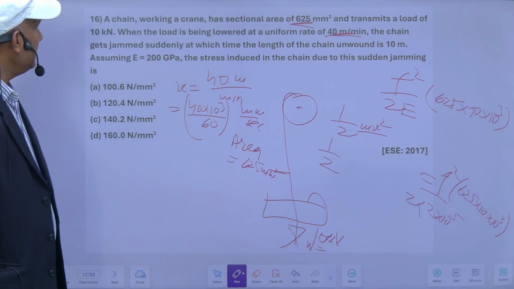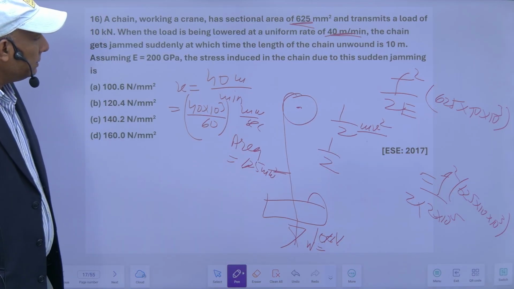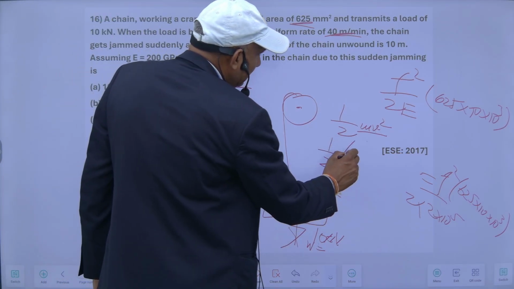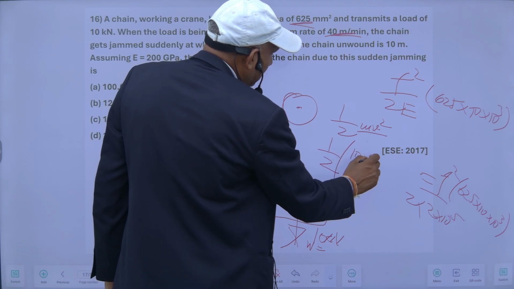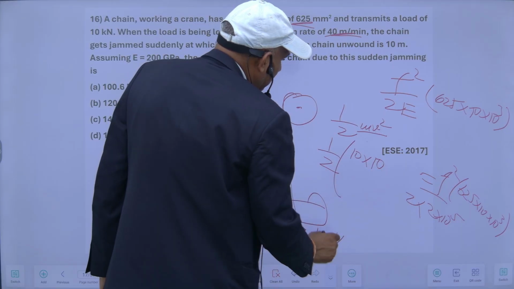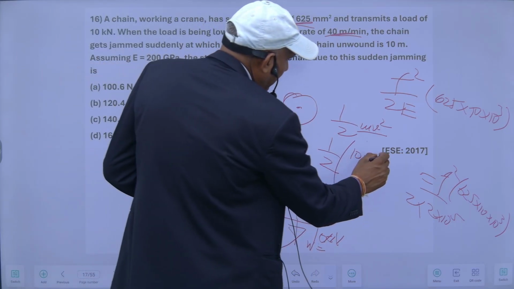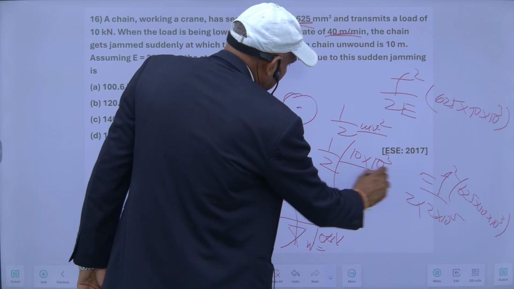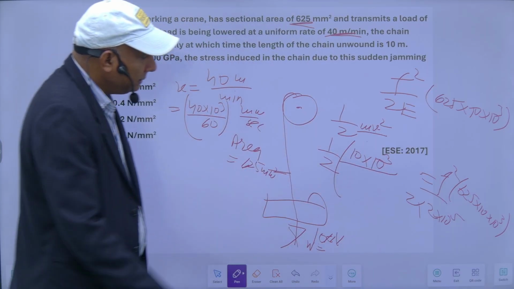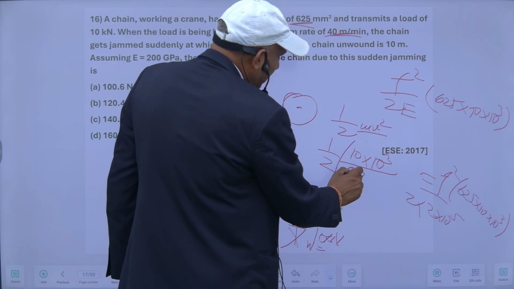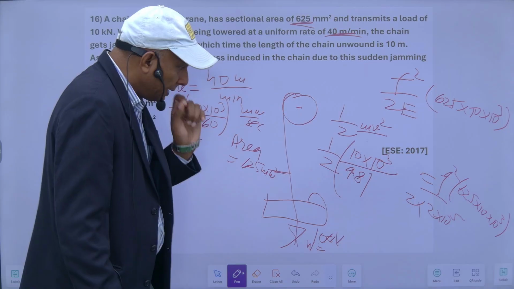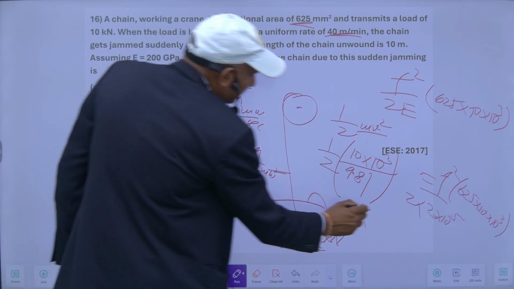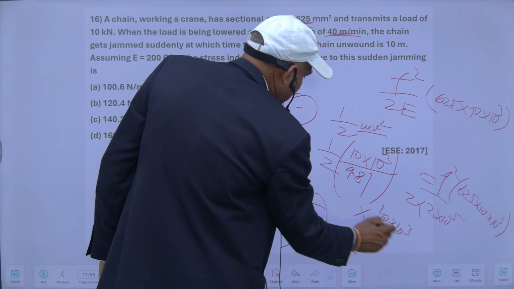The weight in this case is 10 kilonewton, so it will be 10 into 10 raised to the power 3 Newton, divided by 9.81. This is my mass into velocity, and velocity here is 20 into 10 raised to the power 3 upon 60.